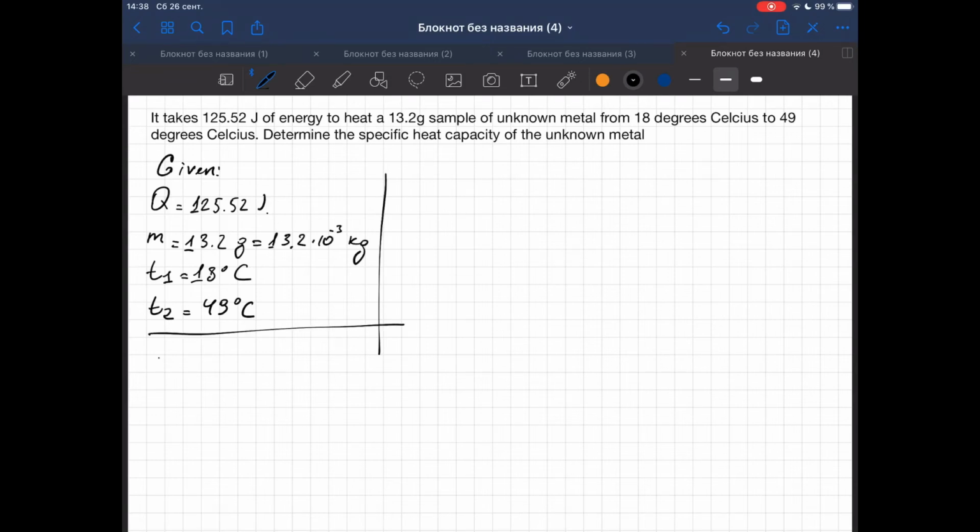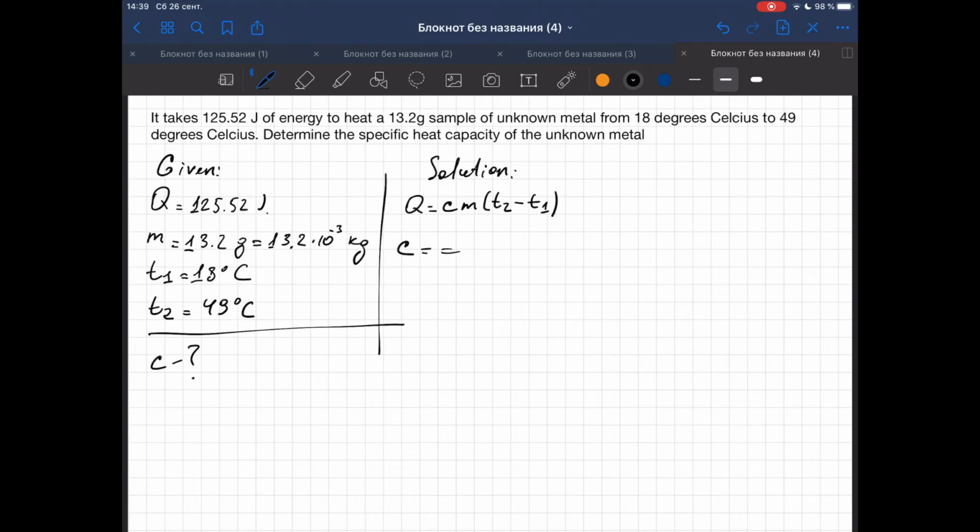So we have to find the specific heat capacity of the known metal. Solution, and the main formula, Q equals Cm (the final temperature minus first temperature). And from this main formula we have to find the C, the specific heat capacity of the known metal.